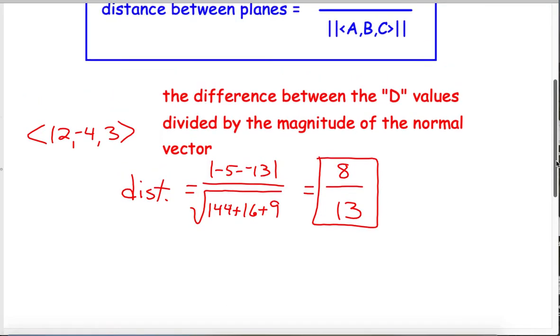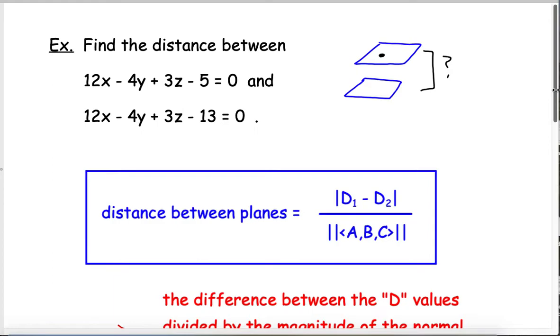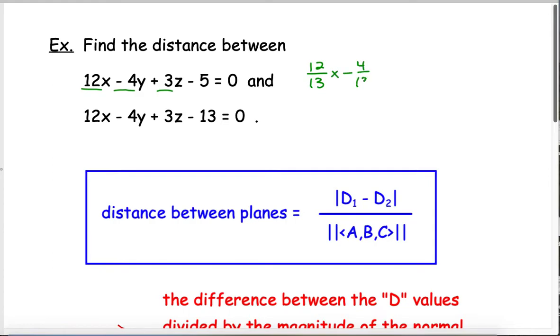Sometimes you will see a process called normalizing a plane. What they do there is they actually find the magnitude of the normal vector, the 12, -4, 3, which in this case is 13, and then they multiply the equation by 1/13. So you wind up getting 12/13 x minus 4/13 y plus 3/13 z minus 5/13 equals 0.